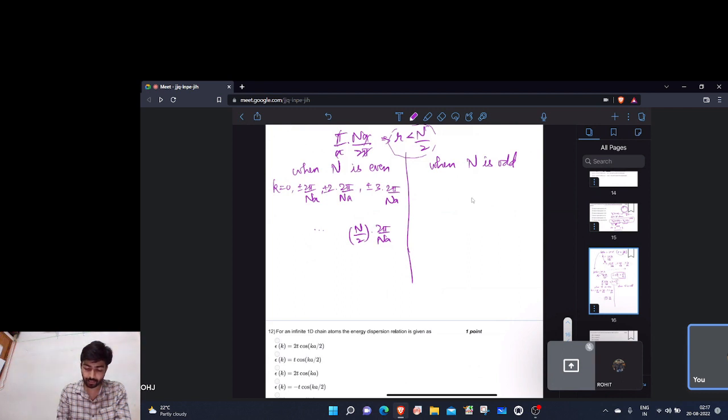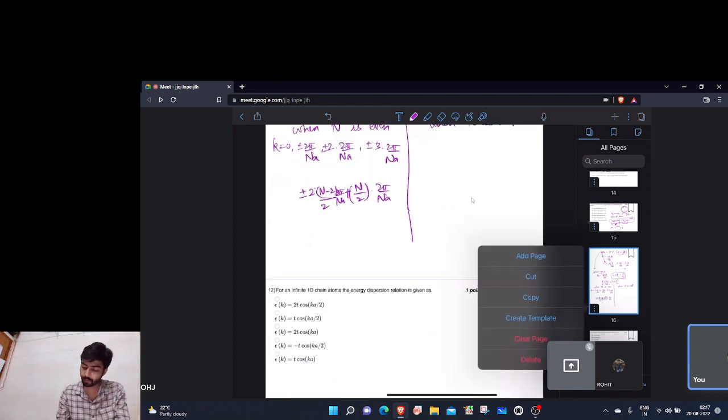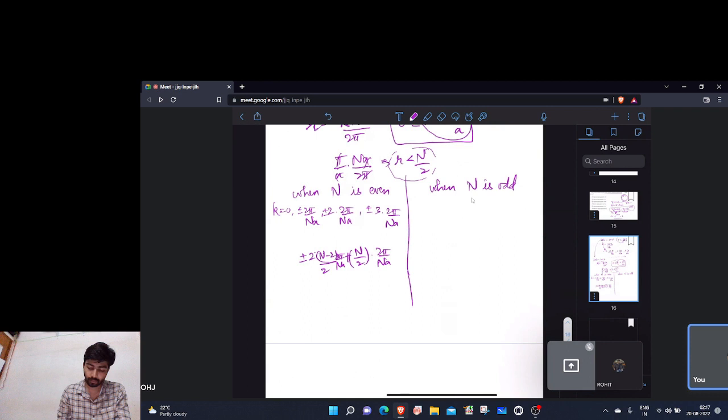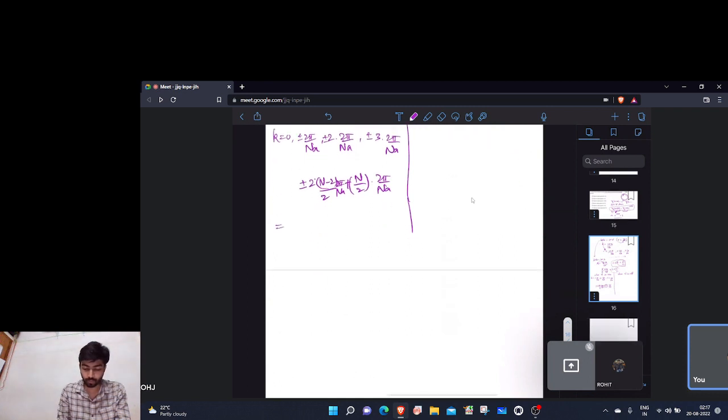And the previous term is again plus or minus (N minus 2) by 2 multiplied by 2 pi by Na. So now what we have is one state corresponding to k equal to 0. We have two states corresponding to this, again two states corresponding to this, and so on and so forth.